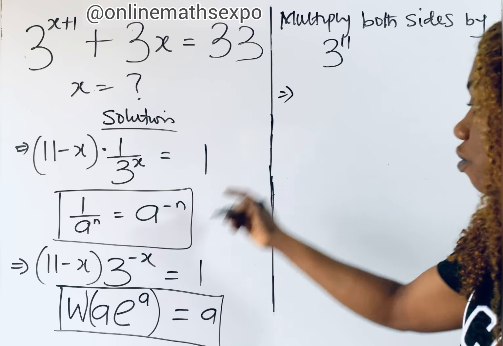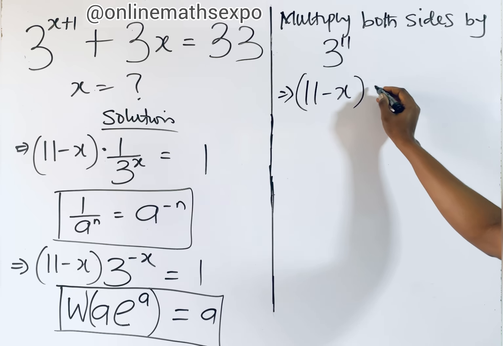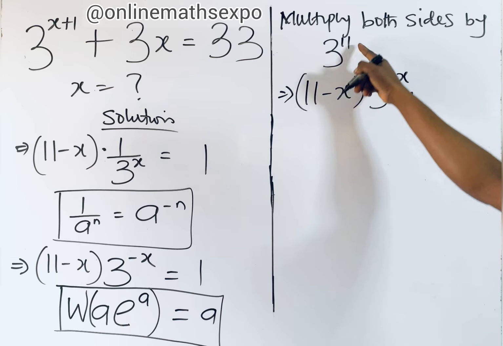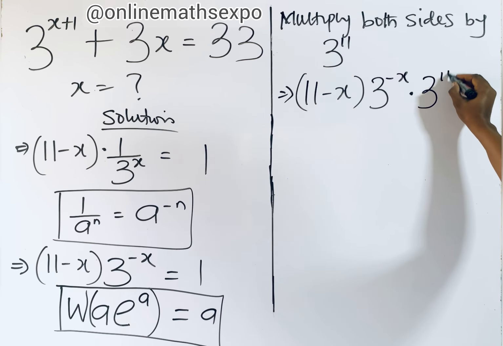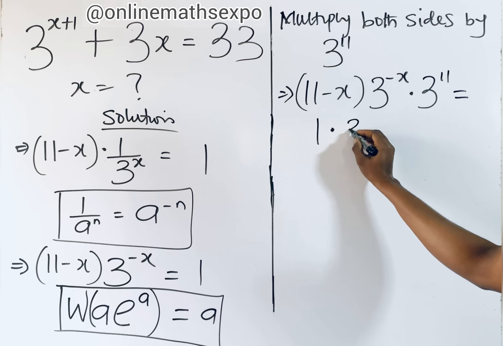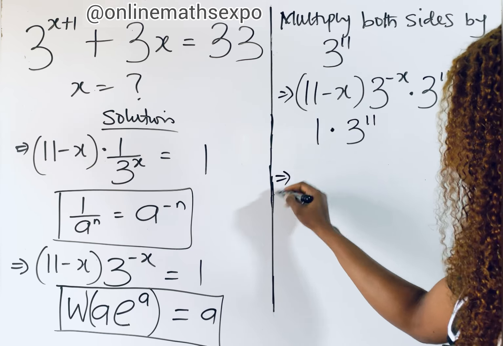So this will give us 11 minus x multiplied by 3 to the power of negative x will be multiplied by 3 to the power of 11, okay, is equal to 1 multiplied by 3 to the power of 11. Interesting. Now what do you do?